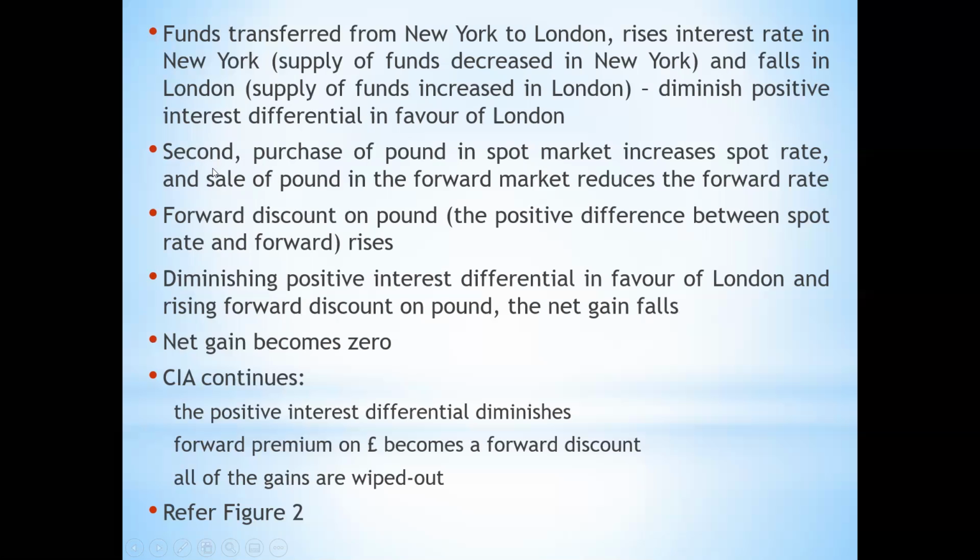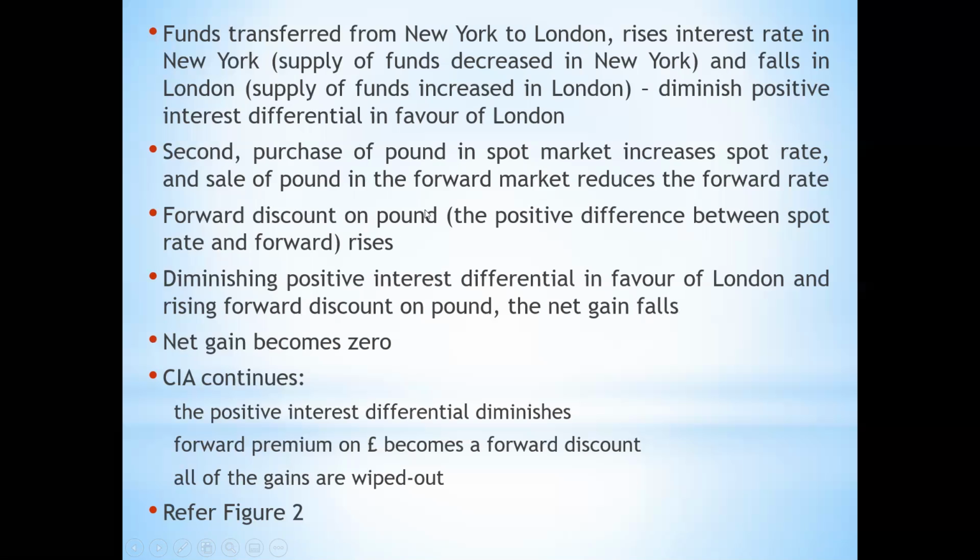Now in the second phase, people try to purchase pounds in the spot market. Why? In order to invest in the London treasury bill, they need to buy pounds, right? So in the spot market, they buy pounds by selling dollars, and the spot rate goes high. On the other hand, people are trying to sell pounds in the forward market.